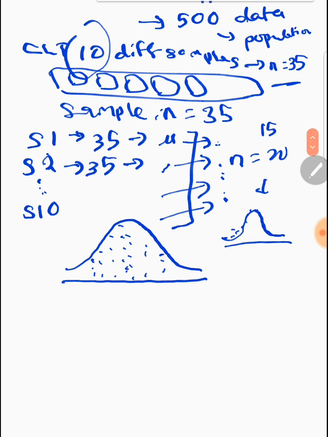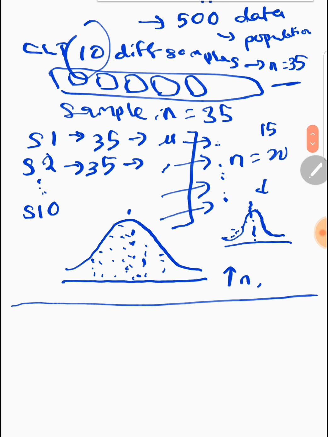Of course, the mean will still be about the same. So what this tells us is that the larger the size of your sample, the smaller the standard deviation of the sample. But anyway, this is what the central limit theorem is about.